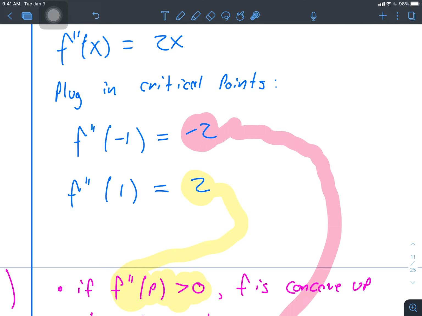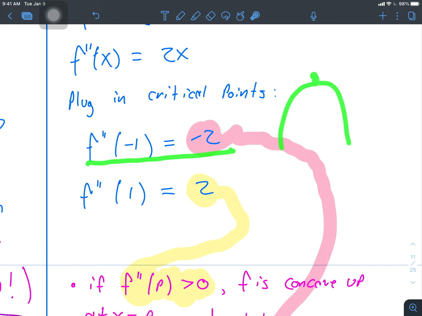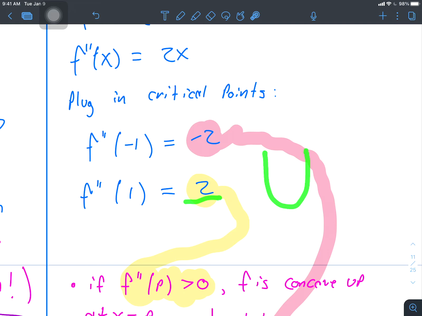So since the second derivative test gave me numbers which are less than 0 and larger than 0 respectively, I know that the test worked, and I can say whether these correspond to local maxes or minimums. So the key here is to recognize that if the second derivative is negative, then the function is concave down, and if the function's concave down, I must have reached a maximum. If the second derivative is positive, then the function is concave up, and therefore I must have reached a minimum.